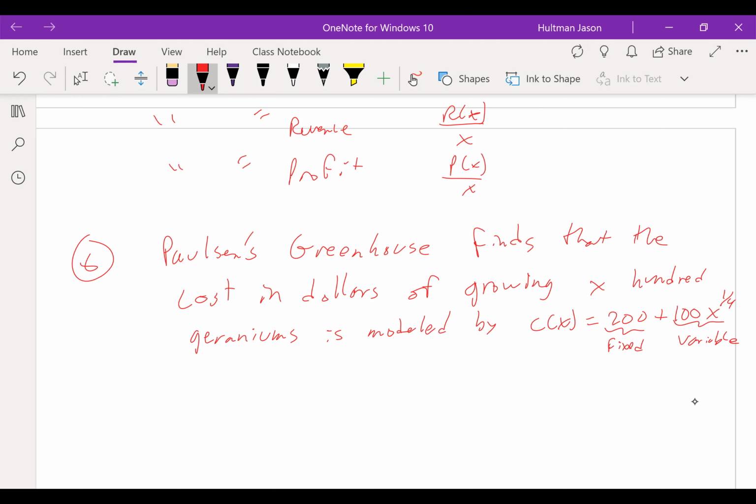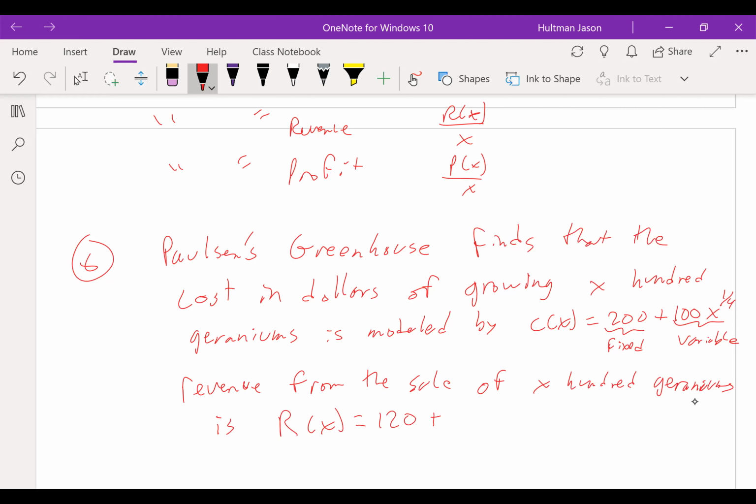Okay, based on the number of items created, the revenue from the sale of X hundred geraniums is R of X equal to 120 plus 90 X to the 1/2.